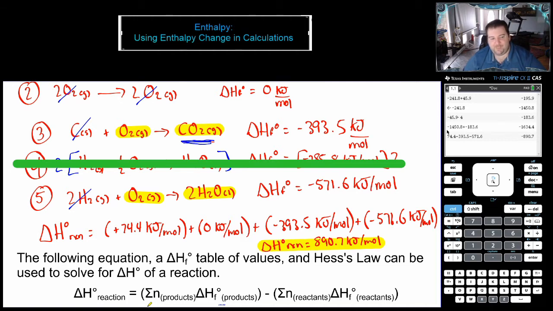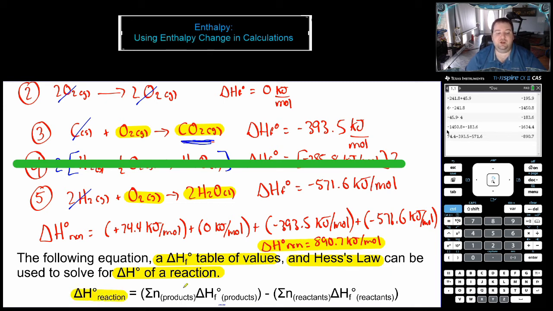So, the following equation, this one, and a delta HF table of values, and Hess's law can be used in conjunction to solve for the delta H of a reaction. And here's the beautiful equation that will save your life.